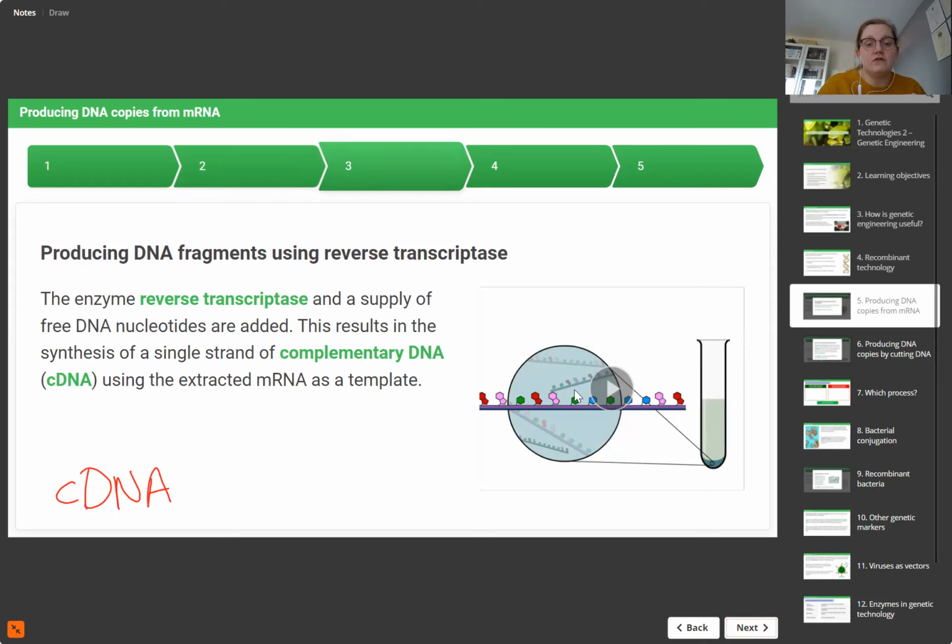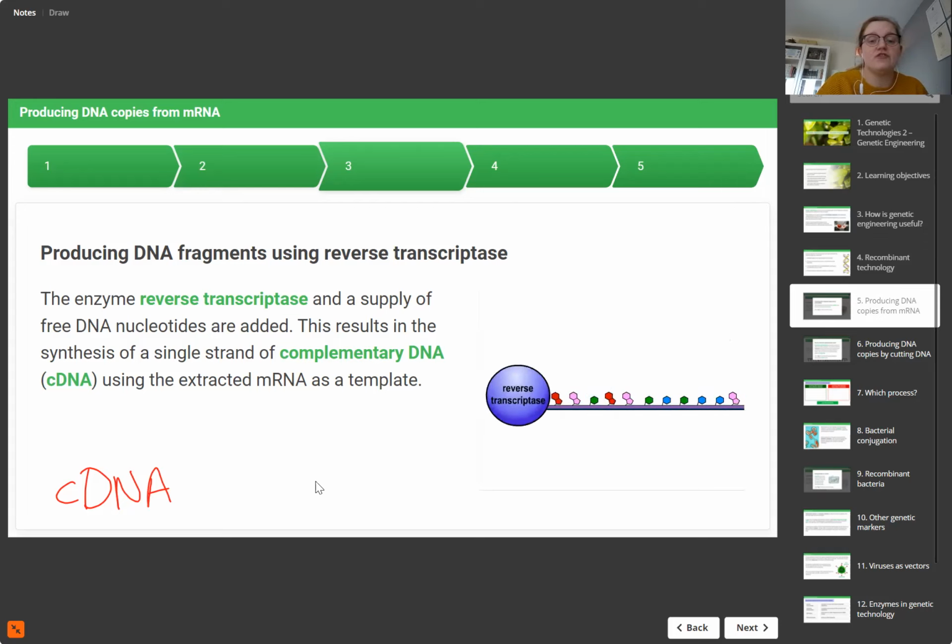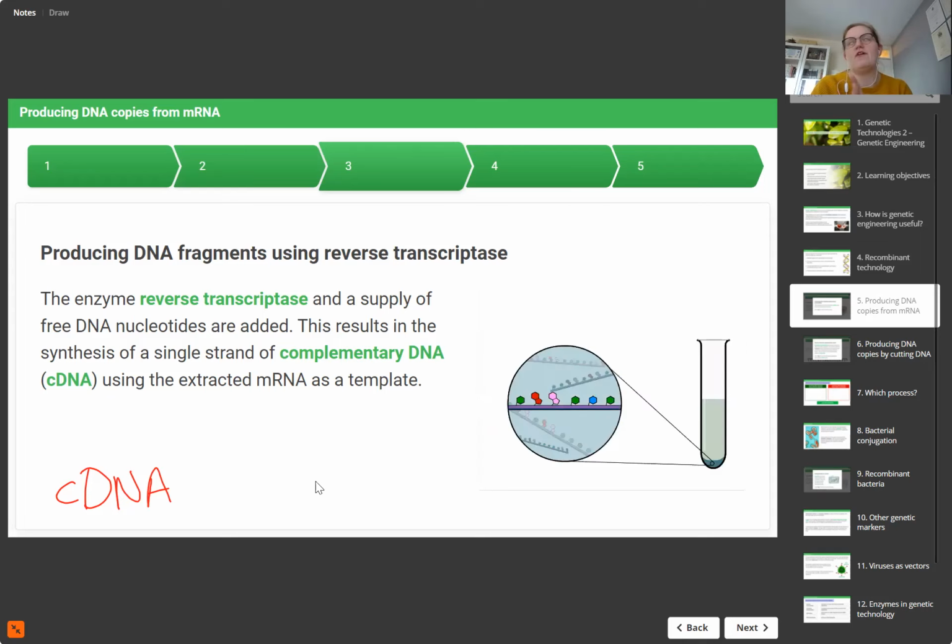This will then result in the synthesis of a single strand of complementary DNA using the extracted mRNA as a template. Now, what's really important is that this is all specific to that insulin mRNA. And that's what happens there.